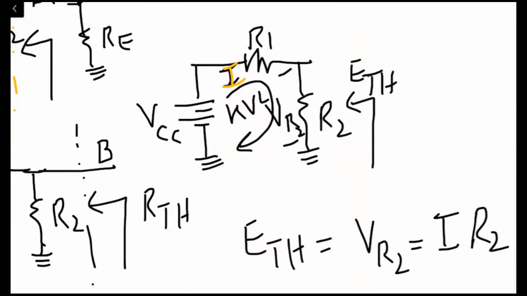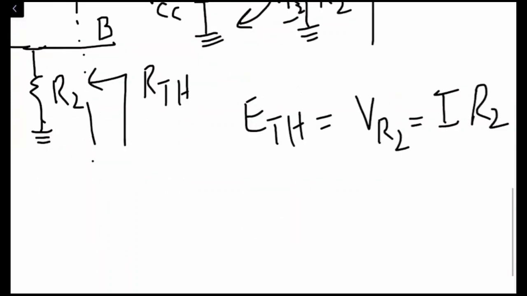Are you with me? Yes, sir. So ETH should be equal to VR2, where VR2 is equal to the current which is flowing inside the loop into R2. And what is the current flowing inside the loop? What is I equal to? VCC divided by R1 plus R2. Right?